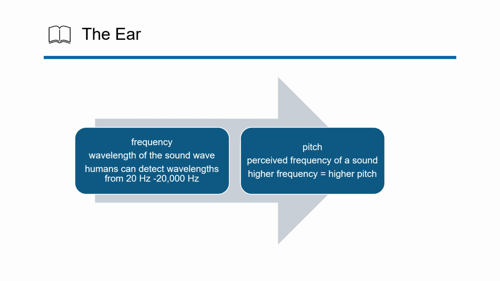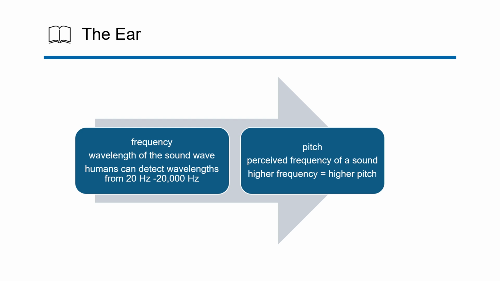The next parameter we'll talk about is wavelength of the sound. So wavelength, again, is the distance between two consecutive peaks or two consecutive troughs, meaning the valleys of a sound wave. This is any wavelength, whether it's radio, light, sound, waves are waves.